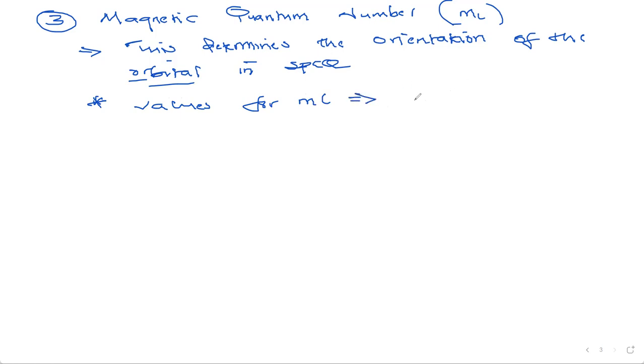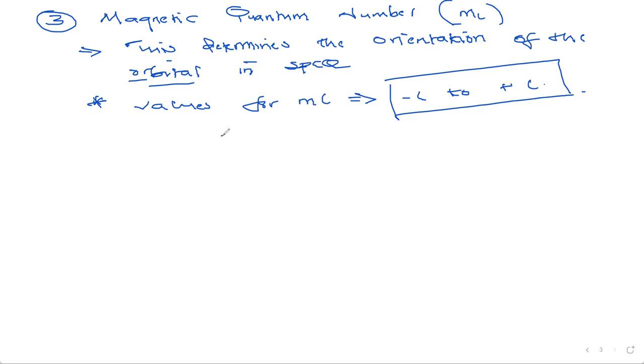They appear in the form of negative L to positive L. That is how you get the magnetic quantum number values. So you'll be dealing with values ranging from the negative side all the way to the positive side.